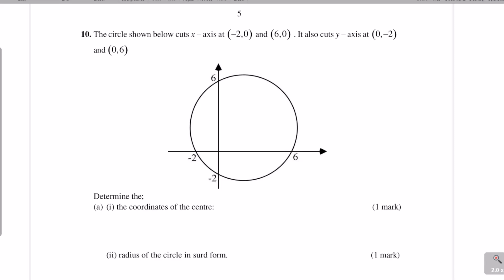So how do you get the coordinates of the center of the circle? This is how you get it.